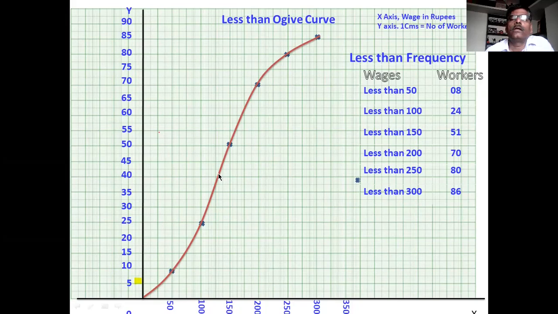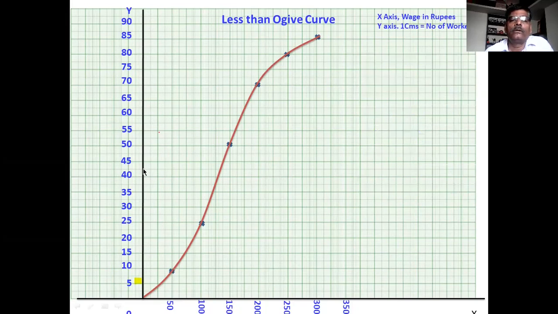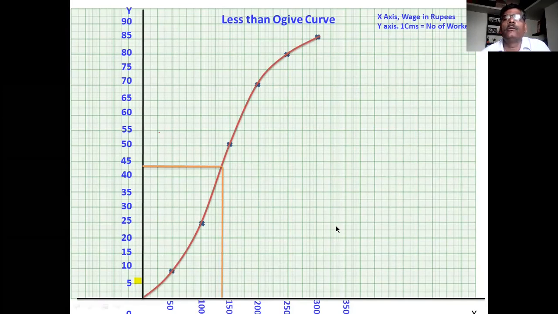You draw a horizontal line from this point up to the curve. Then from that point, you draw another line down, perpendicular to the x-axis. Where this line touches the x-axis, that value is called the median.